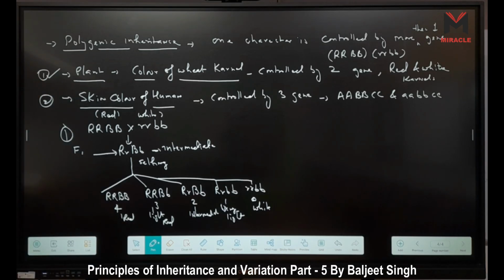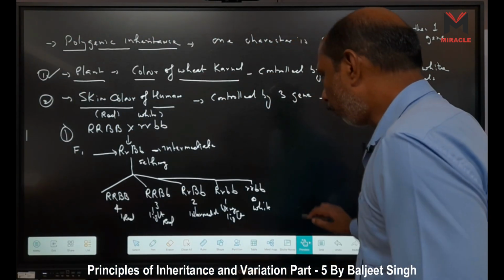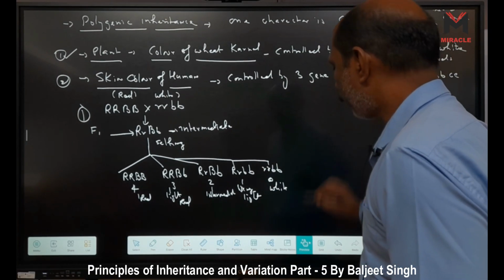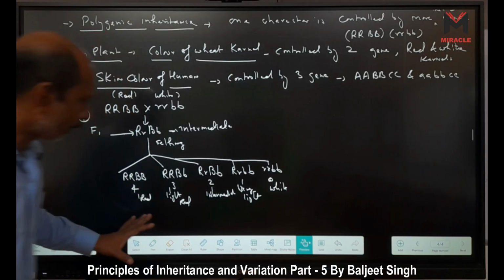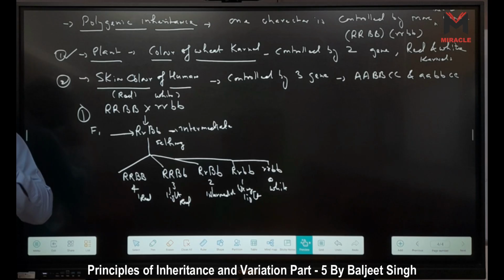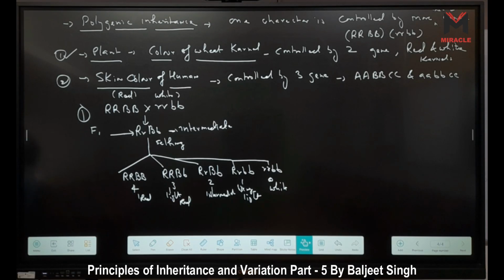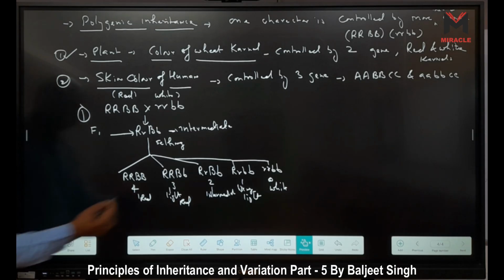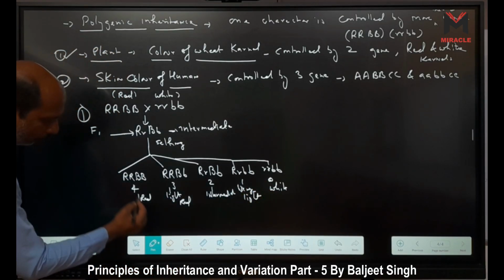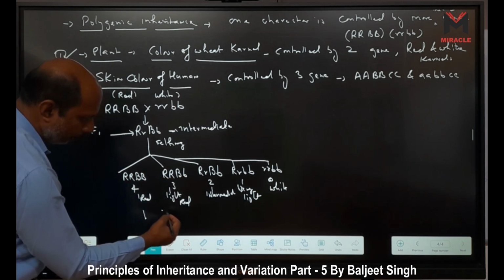Now what is the ratio? When we consider the ratio, we can understand polygenic inheritance, right? The ratio we get here is 1, this is RRBB, full red, meaning dominant genes are 4. The ratio is 1 is to 4 is to 6 is to 4 and then 1. You can write here ratio 1 because only 1 is there with 4 capitals.